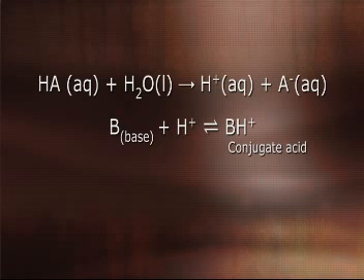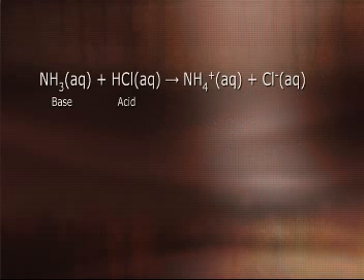Let us look at some real examples. As we have discussed, when ammonia reacts with hydrochloric acid, the hydrochloric acid donates a proton to the base. This results in the formation of ammonium plus and chloride ion.